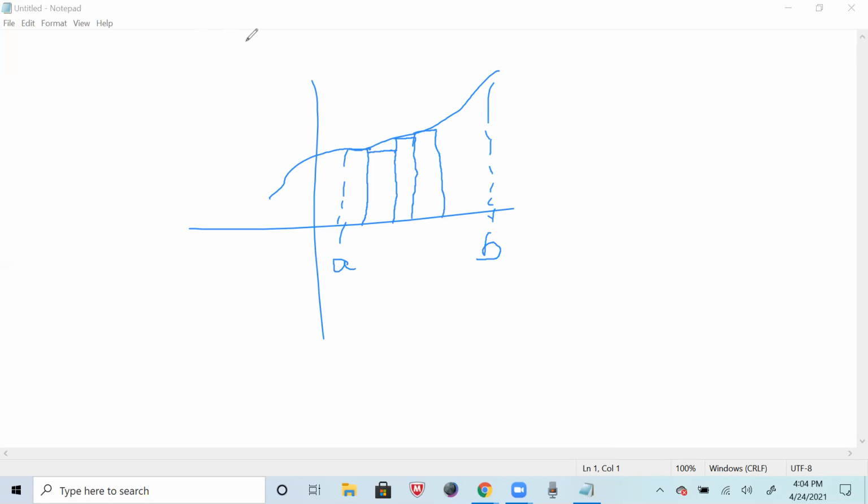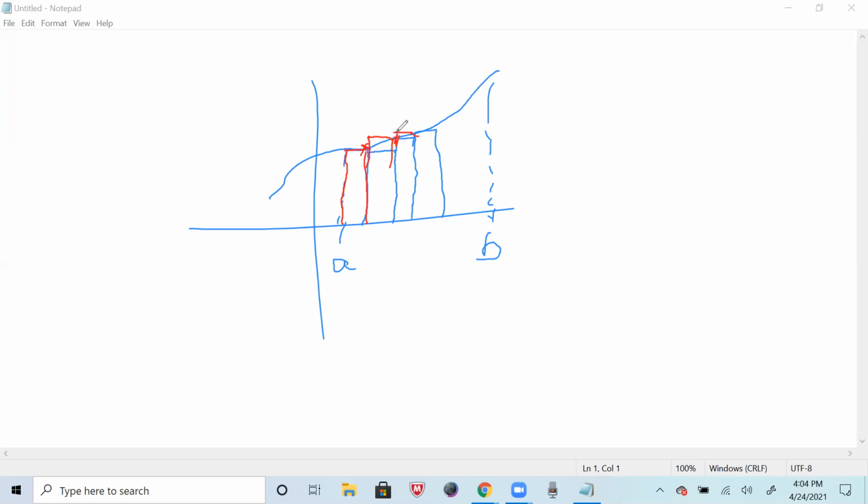If I were to do the right Riemann sums on a rising function like this, I would choose that as my starting point, and then the next one would be like that, and so forth.